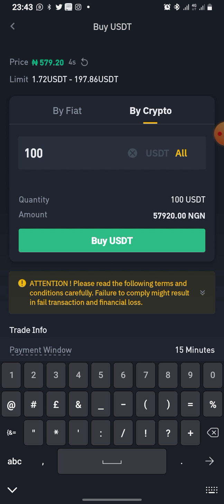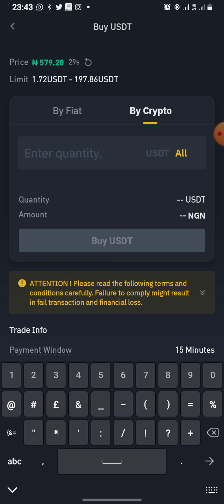Then I go back to my mobile app, make the transfer to those details, and once the transfer has been successful, I come back to this app and click that payment has been made. Then once the person receives it at their end, they would release the asset. So it's that safe, it's that simple.